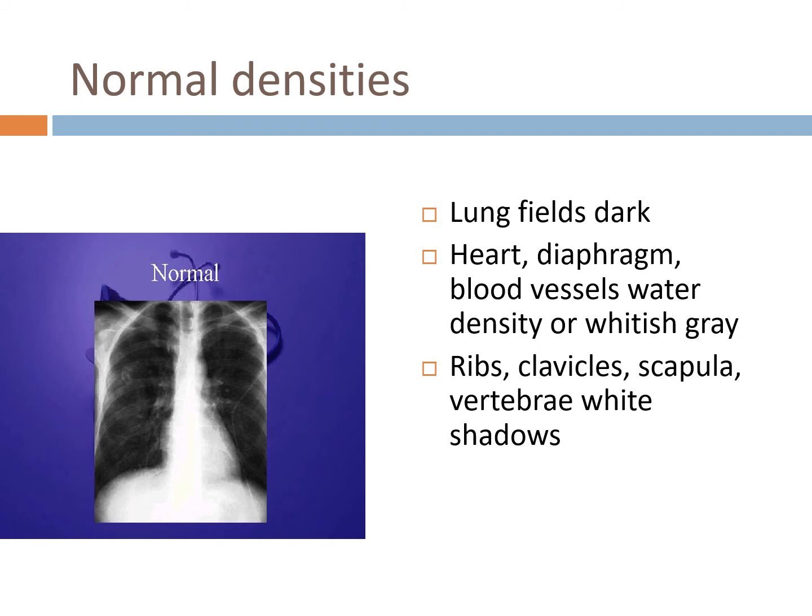Again, lung fields are dark, so we're looking more at the densities here. Your heart, diaphragm, and blood vessels are the water density, or the whitish gray. Your ribs, clavicle, scapula, and vertebrae are showing up kind of white, so that's normal. So your heart, your diaphragm, and your major blood vessels are considered to have the same density of water.